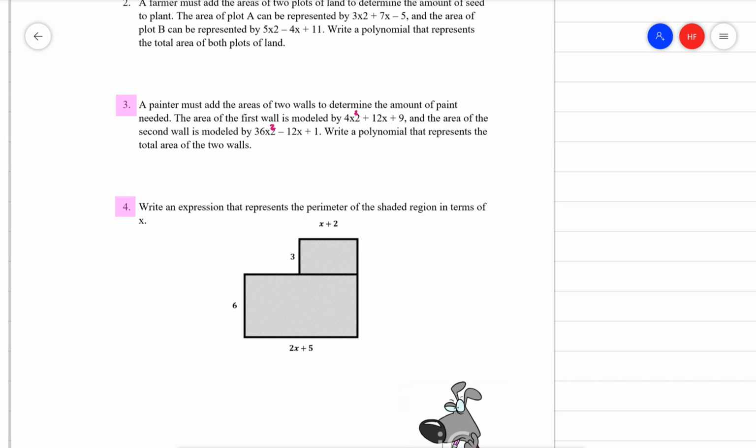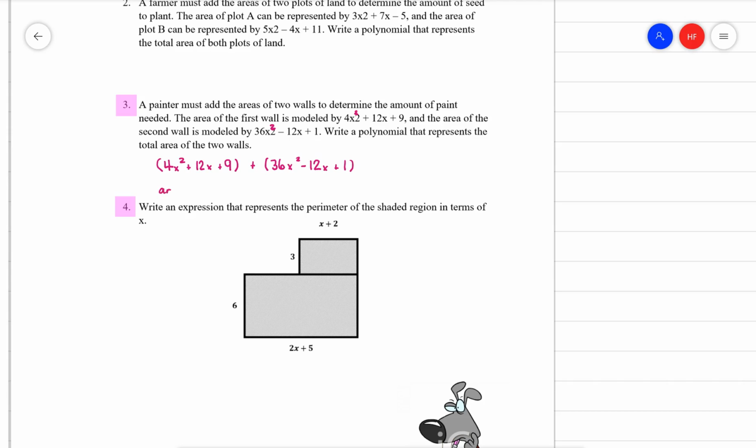So we have 2 walls that he's going to paint, and one has this first area and the second has the second area. If we're going to paint both walls, then we need to add both areas together. So to write that polynomial, we would have 4x squared plus 12x plus 9 plus 36x squared minus 12x plus 1.